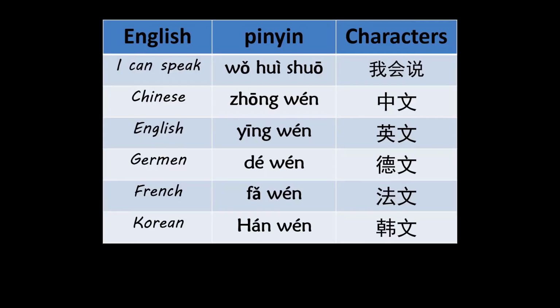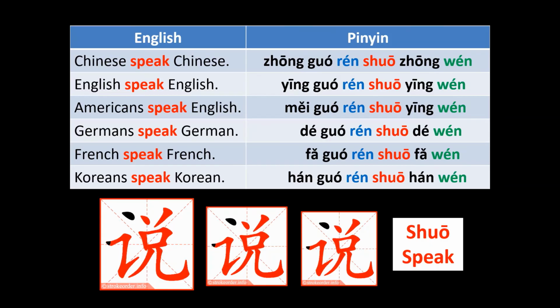So this is a table for today's lesson. You have I can speak and the rest of the languages. Let's quickly run through them one by one. 我会说中文, 我会说英文, 我会说德文, 我会说法文, 我会说韩文. Let's practice one extra type of sentence.